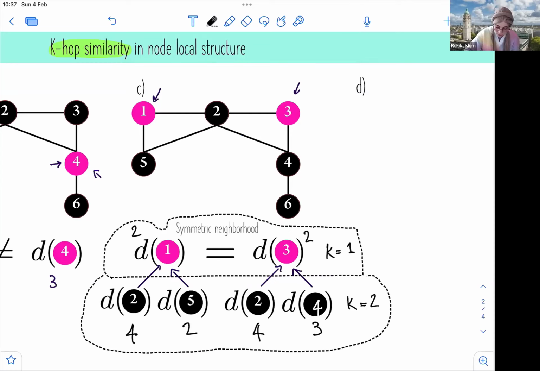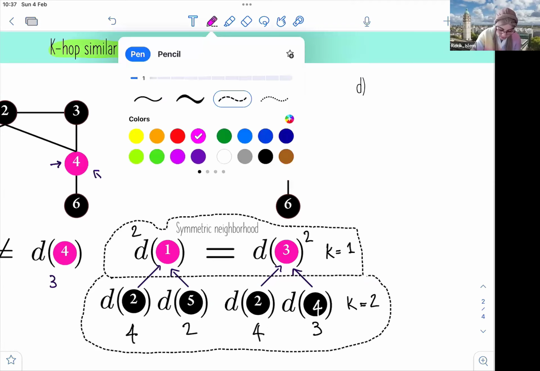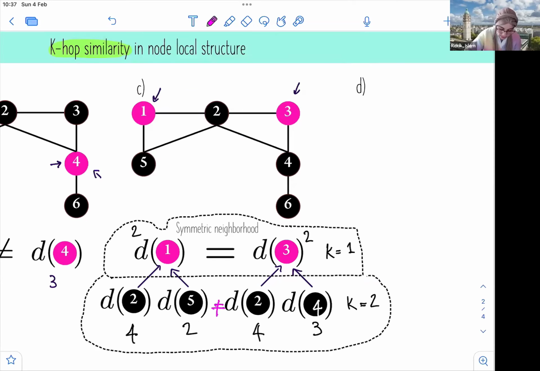So here they become divergent because we have 4-2 versus 4-3, which means that in this case, these are actually different. So totally 1 and 3, they are different at K equals 2. All right, but at K equals 1, they're similar.